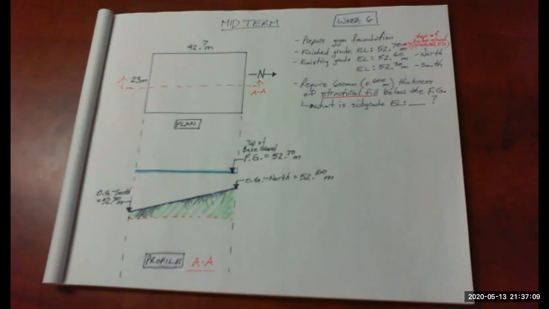So you should have 5, 6, 7, something like that, different tasks. Your job will be to determine the amounts of each of the general condition items you need, and then cost each one of them and provide a total cost at the bottom.